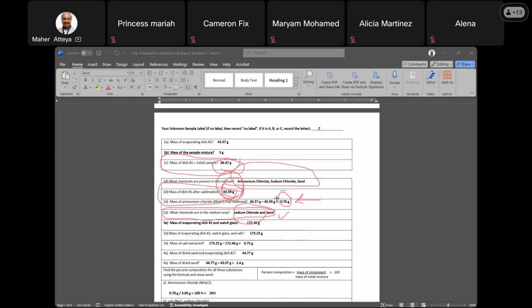If I take this amount here and divide it by the sample amount and multiply by 100, I get the percentage of ammonium chloride inside my sample, correct? Everybody's following?